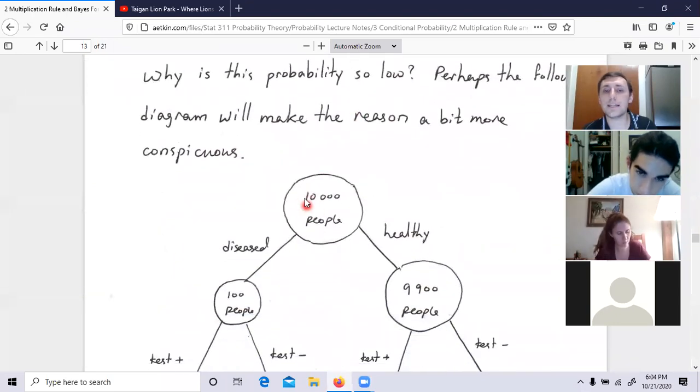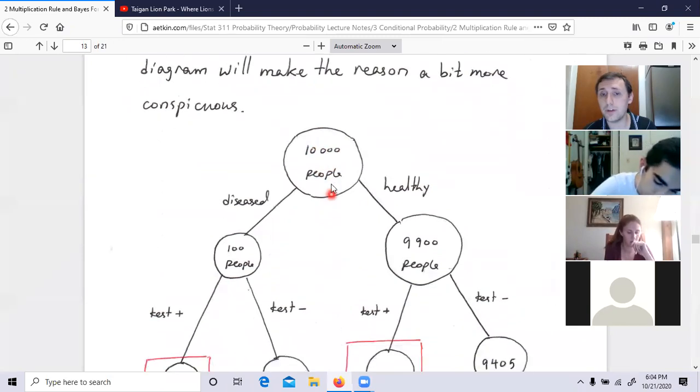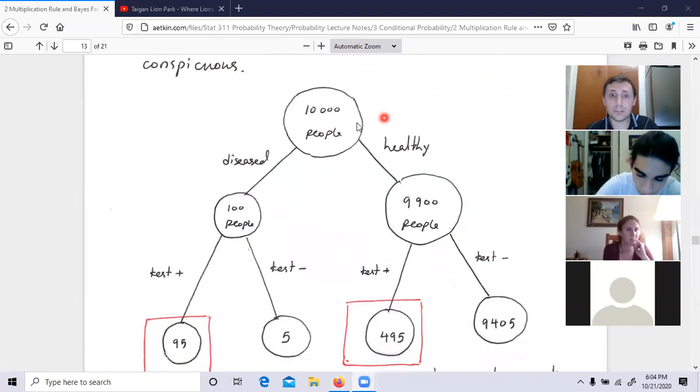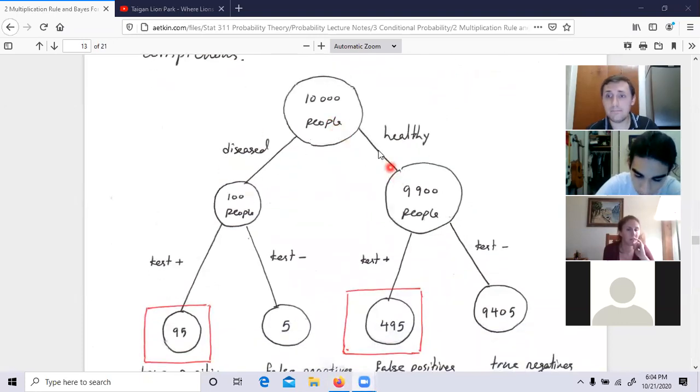So let's take a sample of 10,000 people. Now, how many of them will be diseased? 1%, which is, divide this by 100 and you get 1%, right? So it will be 100 people diseased. And the rest are healthy. Good. Makes sense, guys?